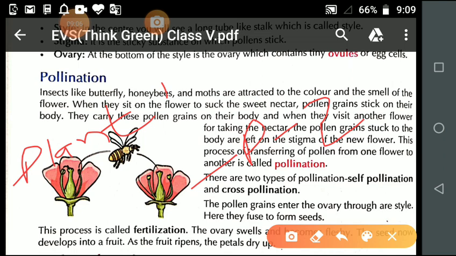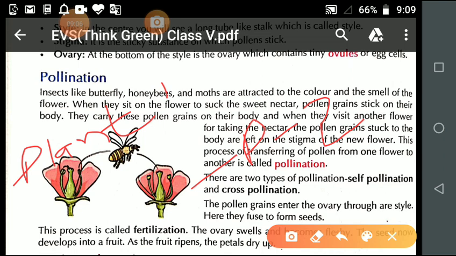Pollen is transferred from the anther of one flower to the stigma of the other flower, but both flowers are on the same plant. I repeat, here what happens student? Pollen is transferred from the anther of one flower to the stigma of the other flower, but both flowers are on the same plant. So this is also called self pollination.